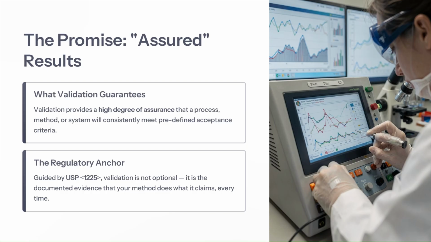Regulatory bodies such as USP, FDA, WHO, and ISO standards expect laboratories to validate critical methods before routine use. Validation, therefore, becomes the scientific proof that a method is reliable and suitable for its intended purpose. This confidence ultimately supports product quality and patient safety.